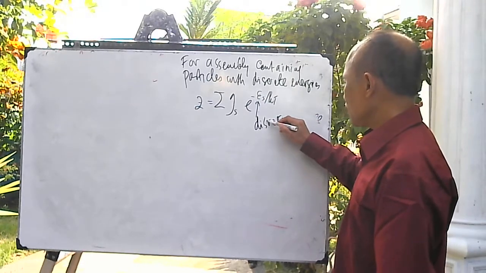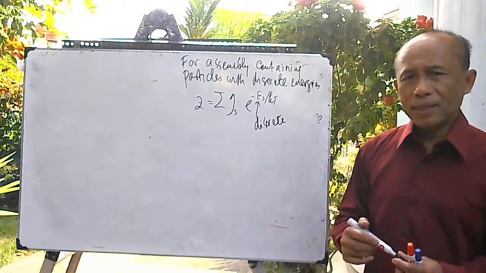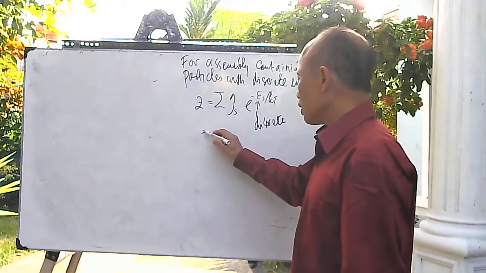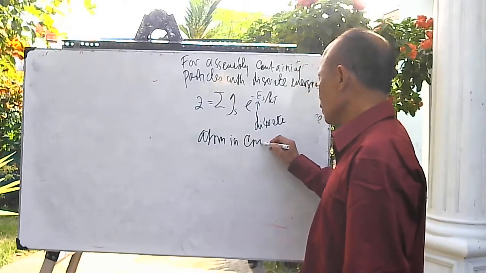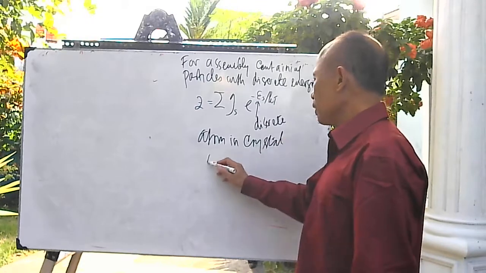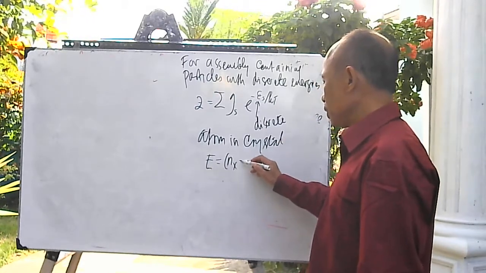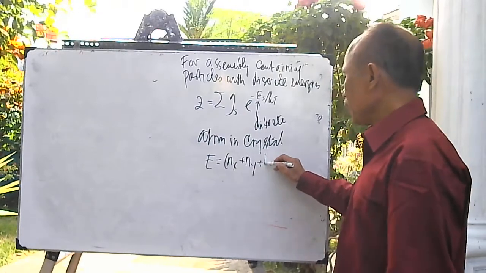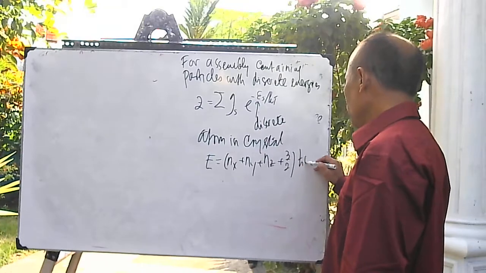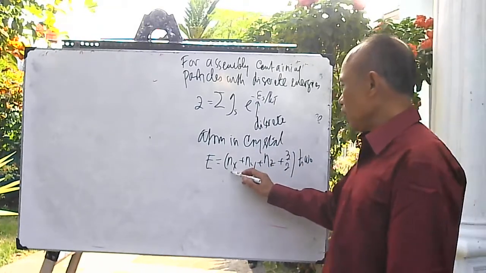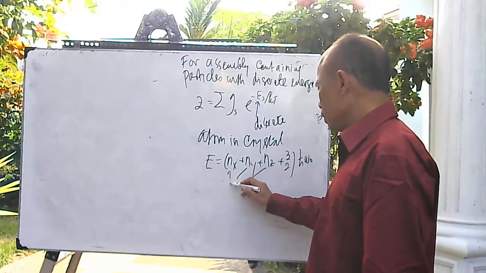For example, for an atom vibrating in a crystal, we have discussed that the energy is given by (nx + ny + nz + 3/2) h-bar omega 0. Here nx, ny, and nz are integers.